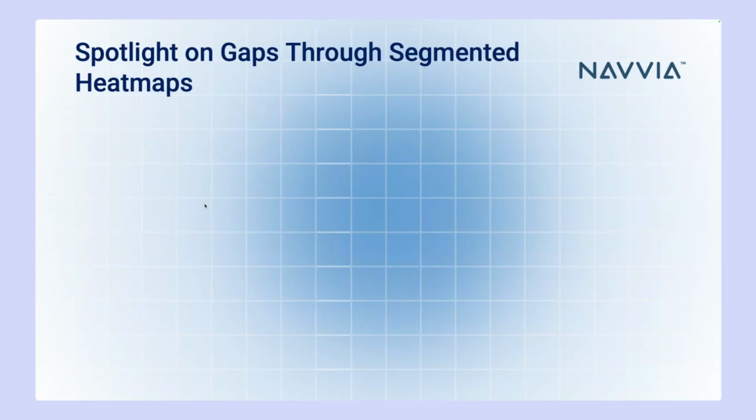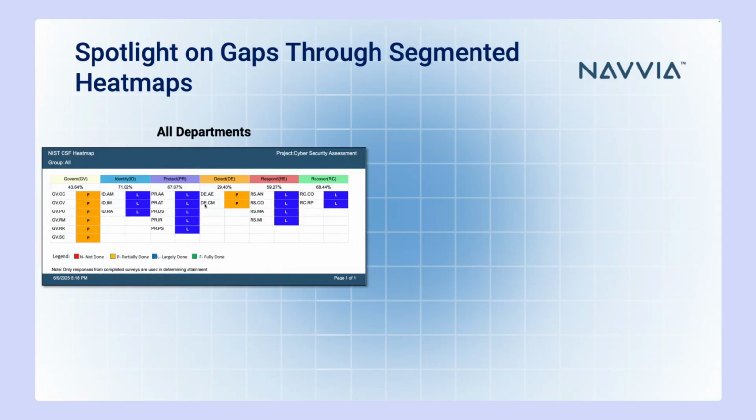And you can actually look at this through the lens of different groups in the organization, right? So you can take a look at all of the information. So let's say I went out and I did a self-assessment of the NIST framework, and I'm only looking at the category level now, right?